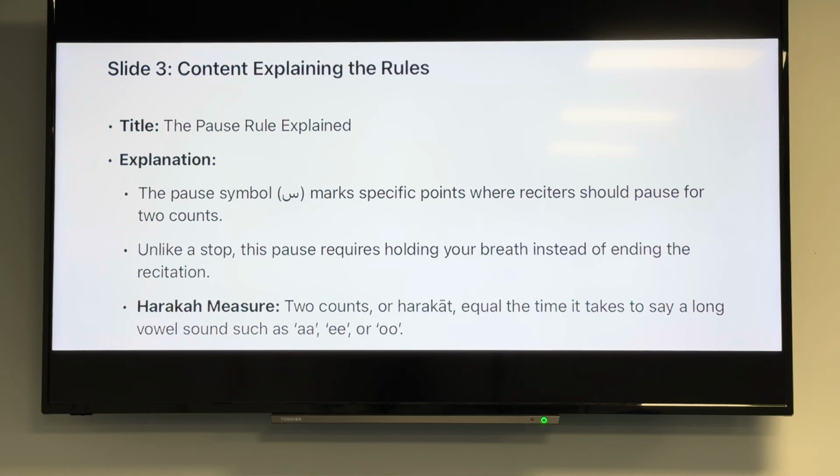Two counts of haraka, equal to the time it takes to say vowel sounds such as a, e, u, a natural mud. So ba, alif, fatha, ba. Let's have a look.